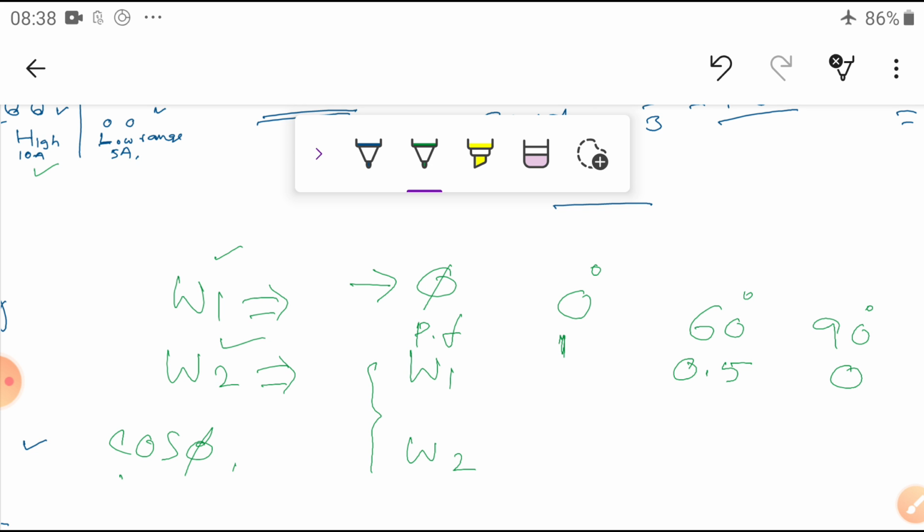Now, at power factor equal to 1, W1 will show a positive value and W2 also shows a positive value, and both are equal. At that condition, W1 is equal to W2. Two wattmeters will show equal, positive readings. Don't confuse. At that condition you have to remember that the power factor is UPF.